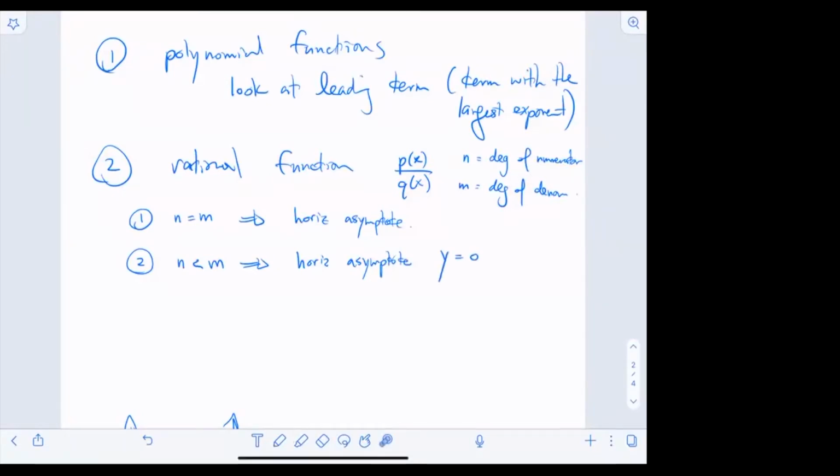The reason is that the denominator is growing much faster than the numerator, so the bottom part dominates. It's kind of like that constant over a power situation.